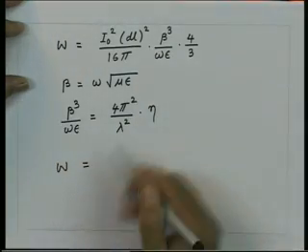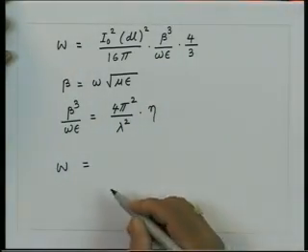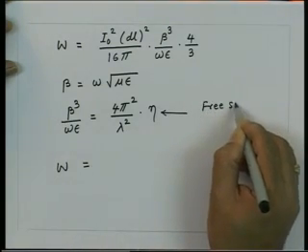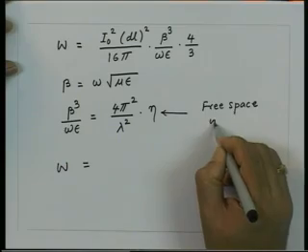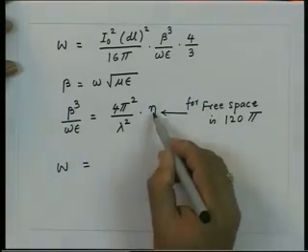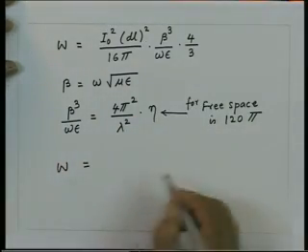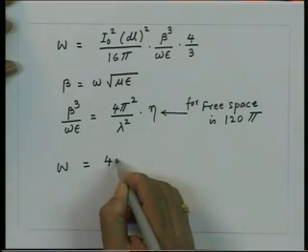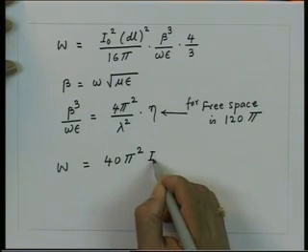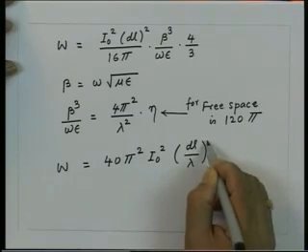And if the radiation is taking place in free space, this quantity, which you know for free space, is 120 pi. So, I can substitute here for 120 pi. By substituting this into this expression, essentially we get the total power radiated will be 40 pi square I 0 square dl upon lambda whole square.